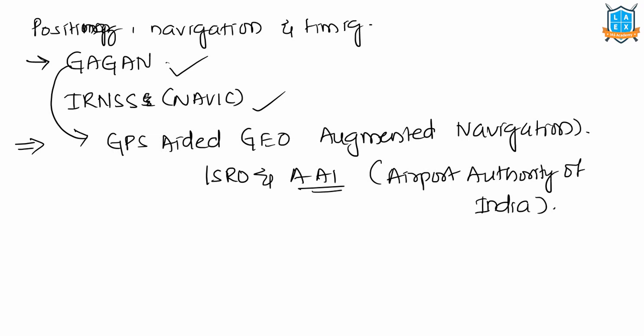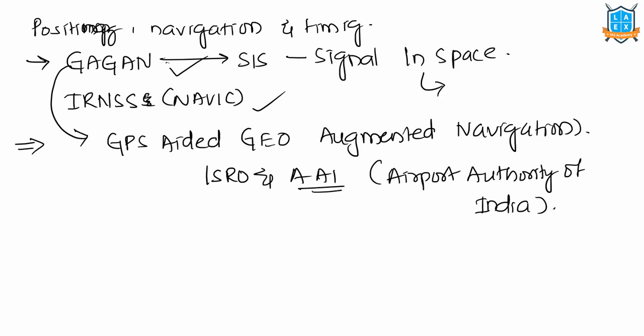The GAGAN signal in space, SIS, is available through GSAT 8 and GSAT 10.